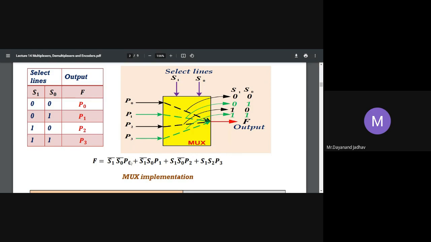That is, OR operation is there between the first expression, second expression, third expression, and fourth expression.